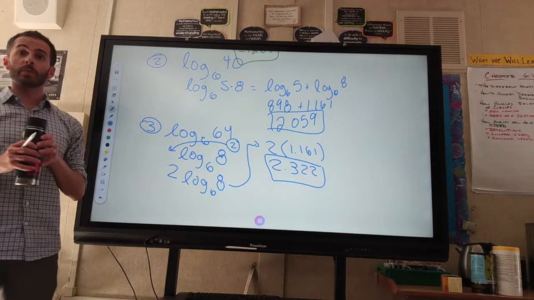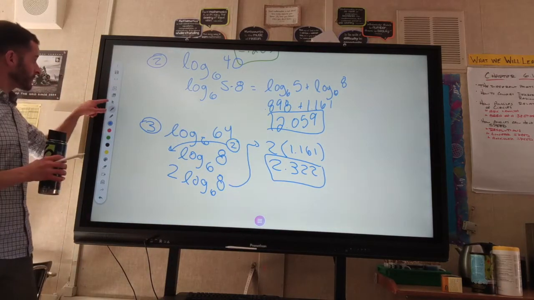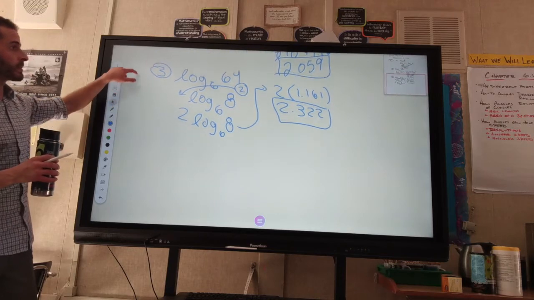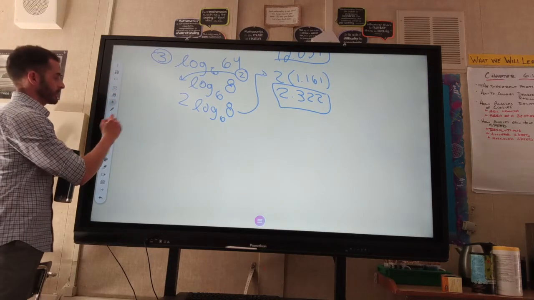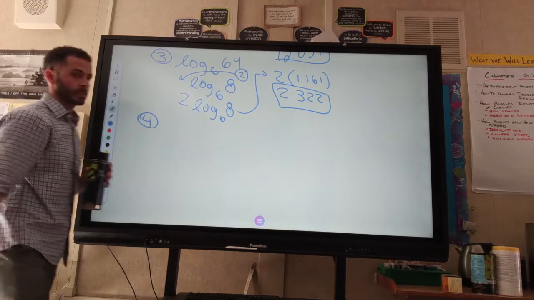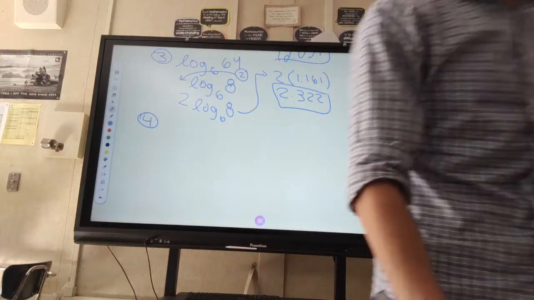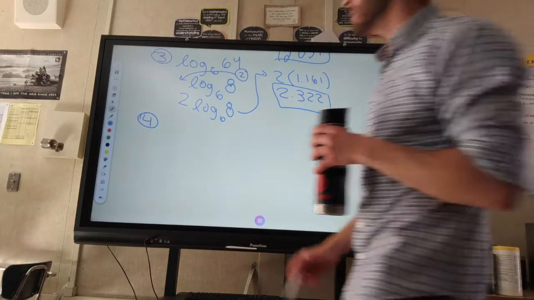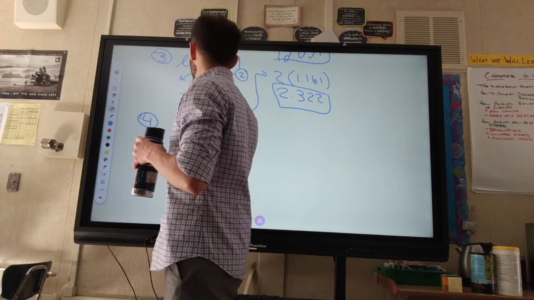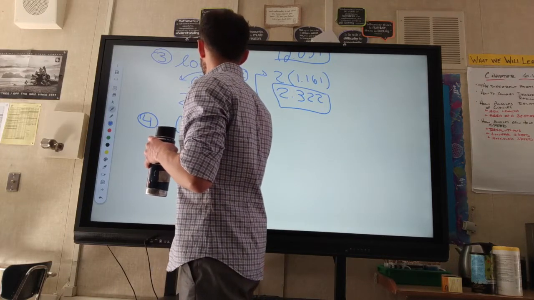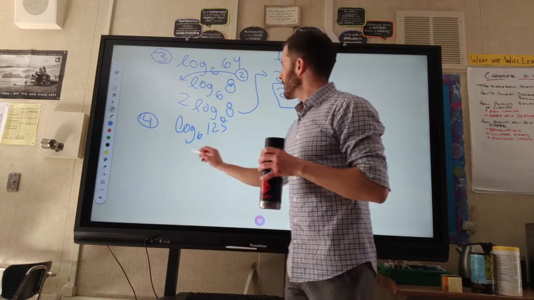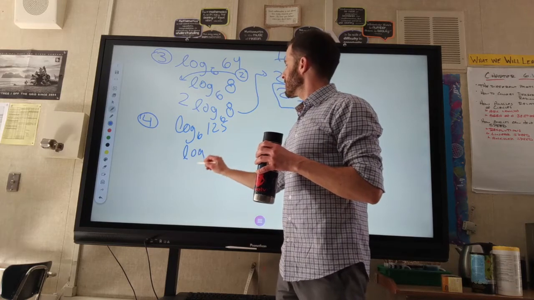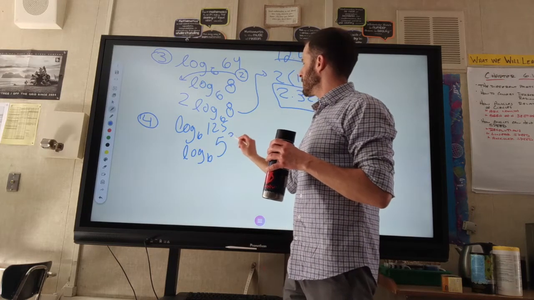Okay. All right, so try number 4. Again, we're only allowed to think in terms of 5s and 8s. Oh, well, think 125. 5 cubed. Very good.